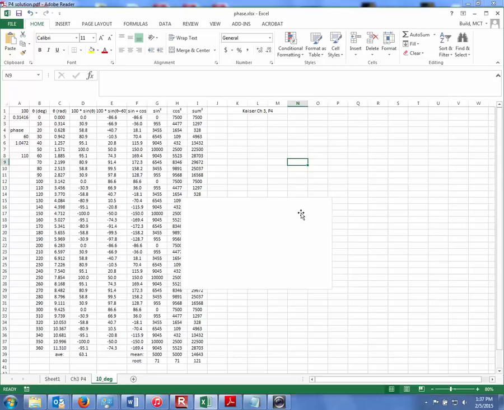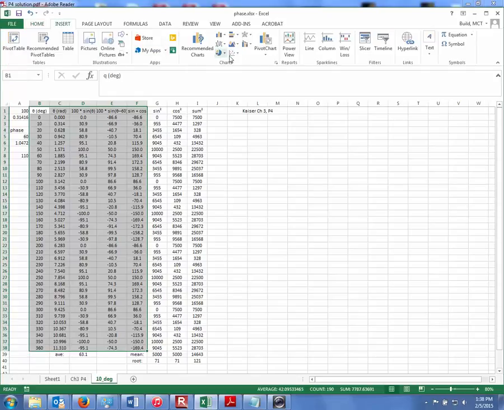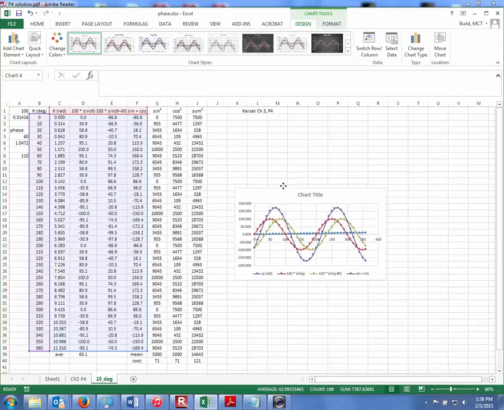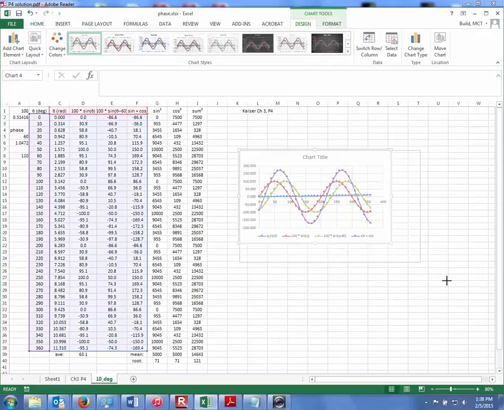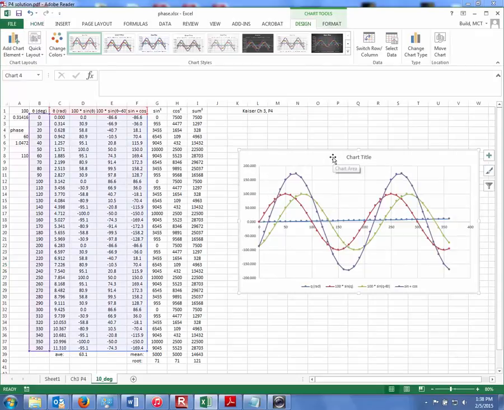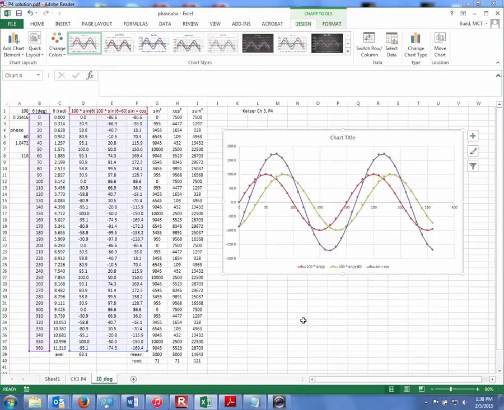Oh, no, hang on. Jeez. Highlight it. Insert. Charts. There we go. Okay. So now our degrees. I'm going to delete that one because that's just linear.